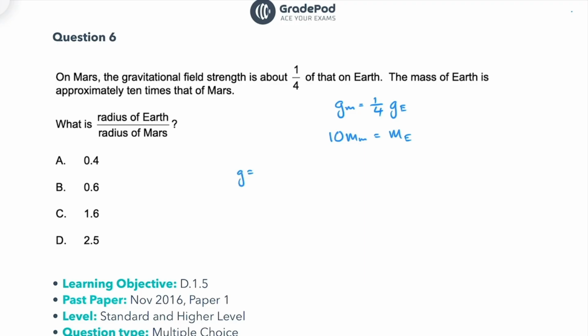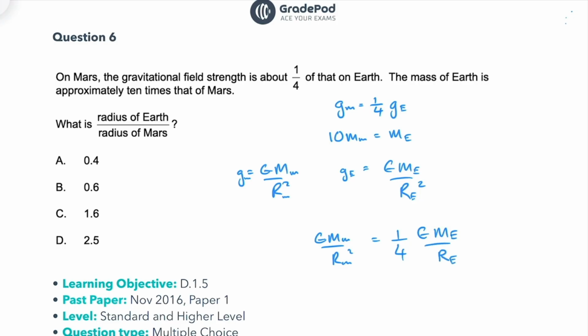Well, what we do know to bring radius into this is that g equals GM over r squared. So that means the gravitational field strength on Mars is equal to G times the mass of Mars divided by the radius squared of Mars. Equally, we can say that g_E is equal to G M_E over R_E squared. G M_M over R_M squared is equal to a quarter of g_E, which is G M_E over R_E squared.